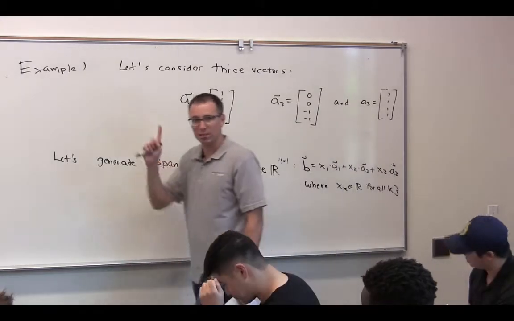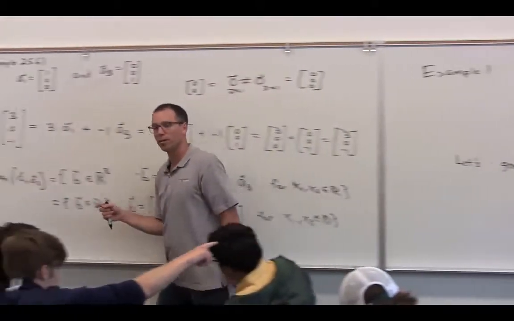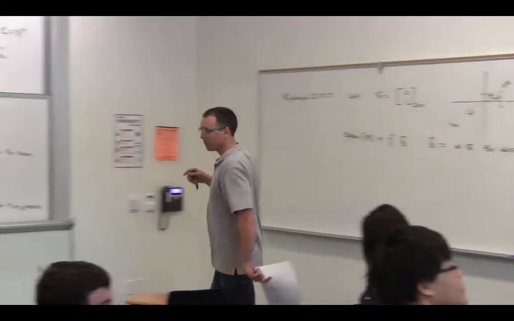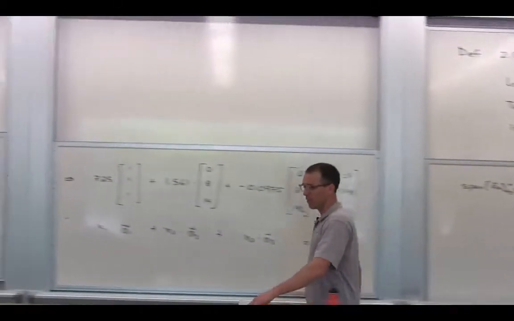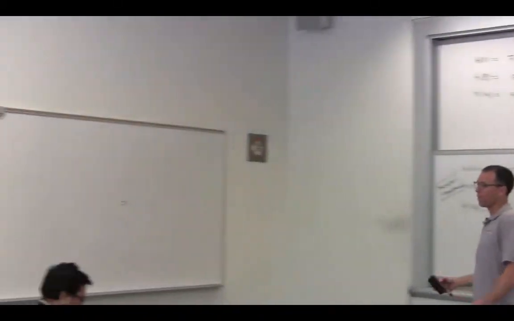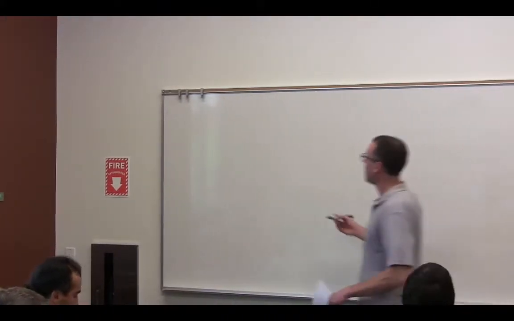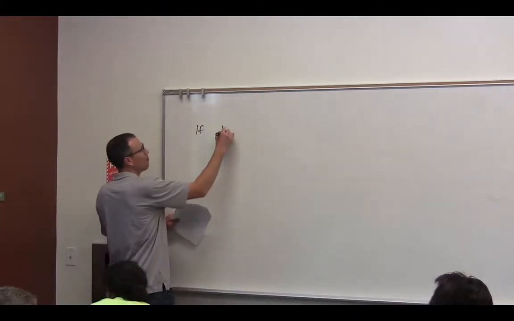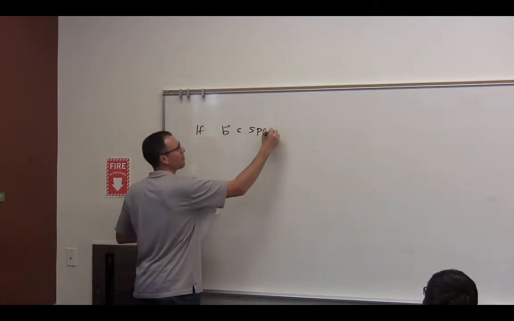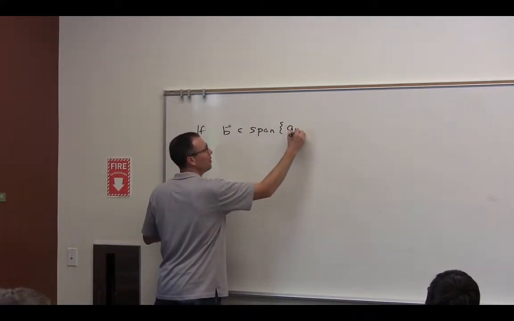Let's run through this specific one. So we're going to go over to that board. So if B is in the span, what does it mean for B to be in the span? If B is an element of the span of these vectors, what does that mean?